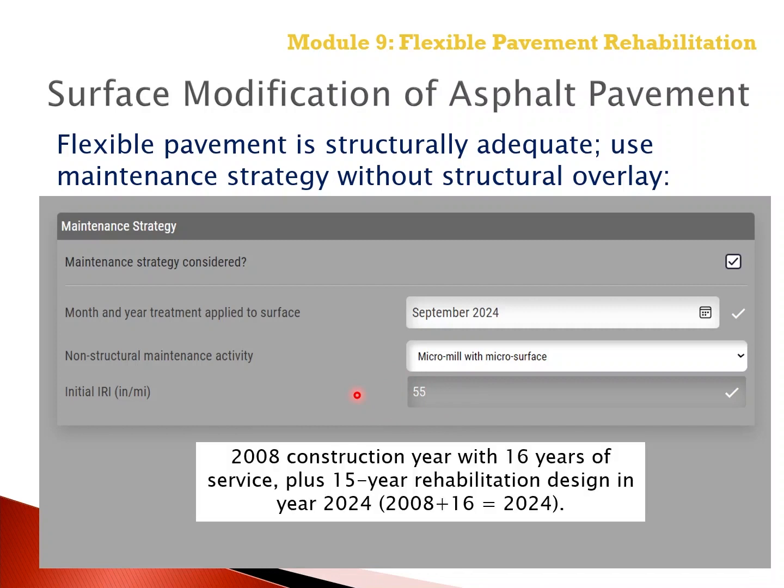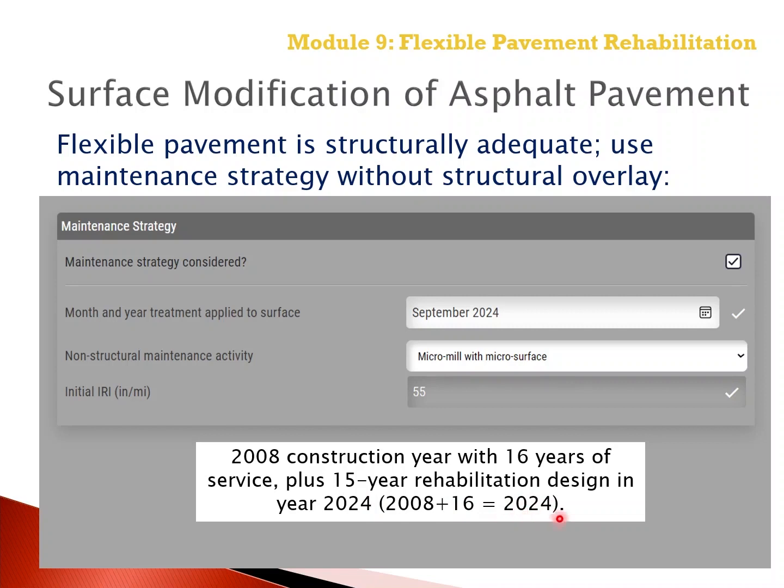So the 2008 construction year was 16 years of service plus a 15-year rehabilitation design in year 2024, which means that's when we're placing the maintenance strategy for the surface modification.